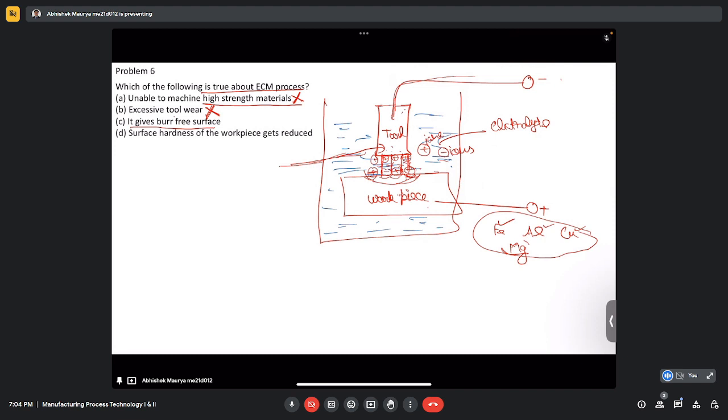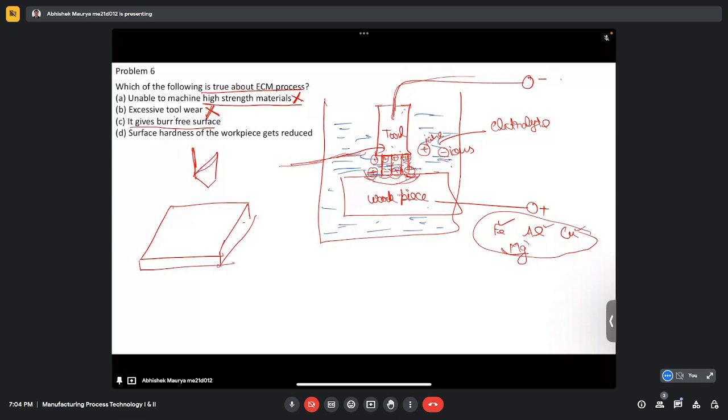It is very common in conventional machining. Suppose I take the example of drilling. Suppose we have a plate and we want to drill it with a conventional drill bit.